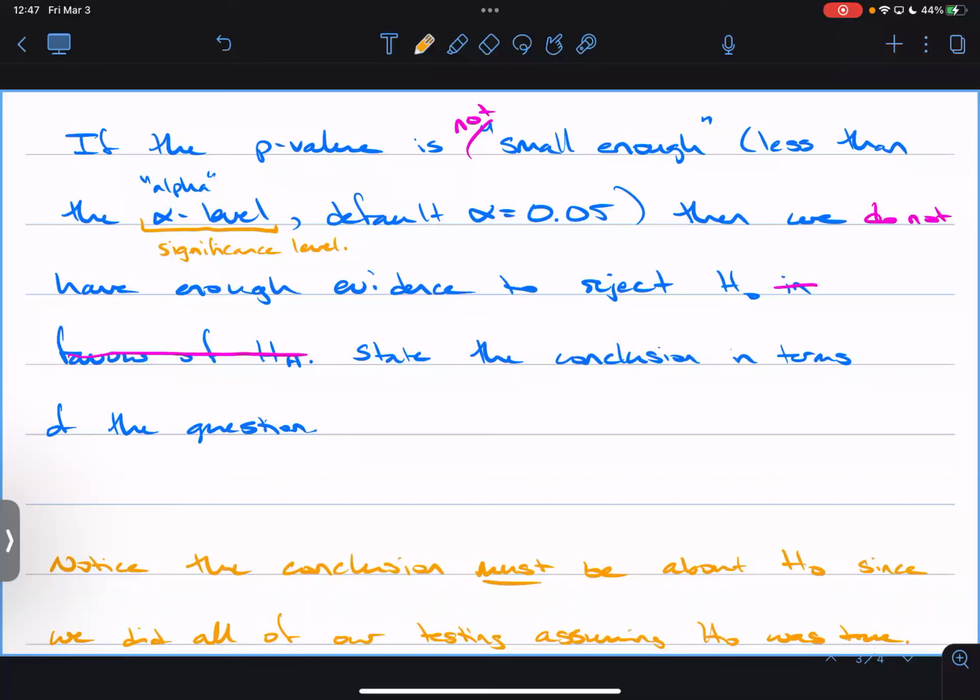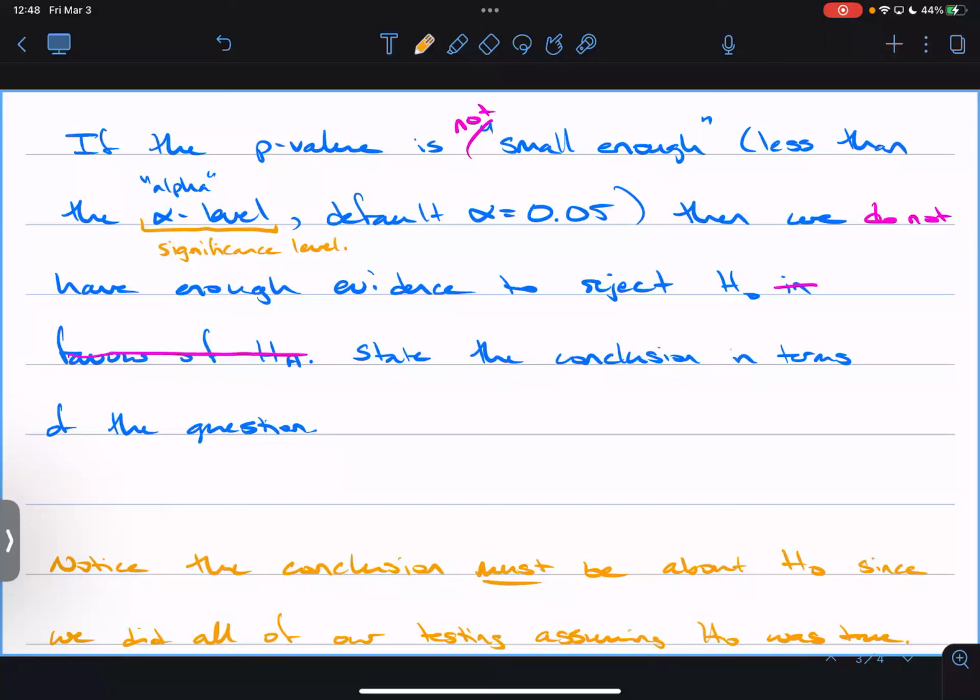So like I said, I break up the conclusion into three parts. First thing you're going to do is just compare the p-value to the alpha level. Is it less than or is it not less than the alpha level? That's your first step. Then your second step is, do you have enough evidence to reject H naught, or do you not have enough evidence to reject H naught?